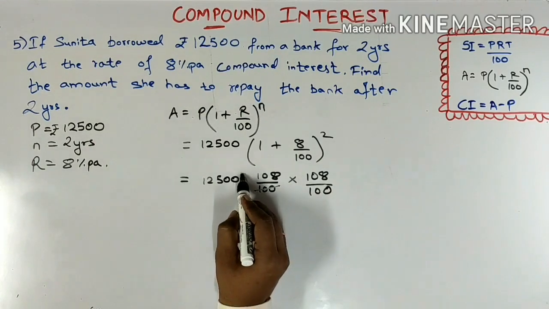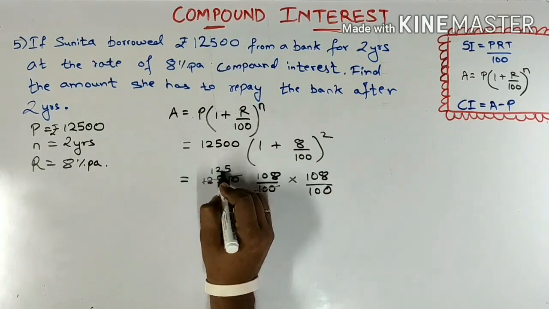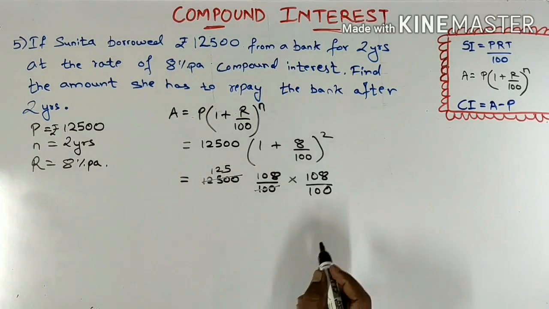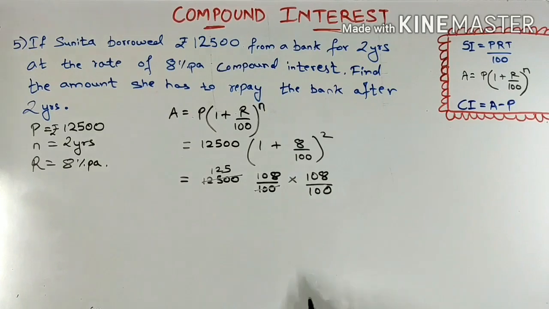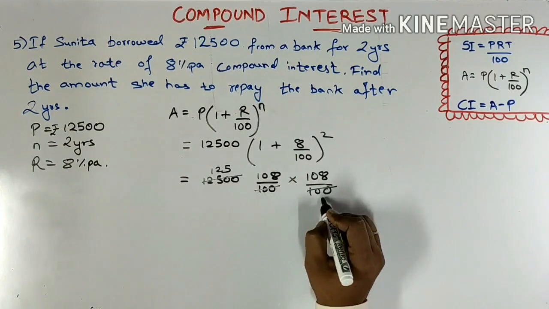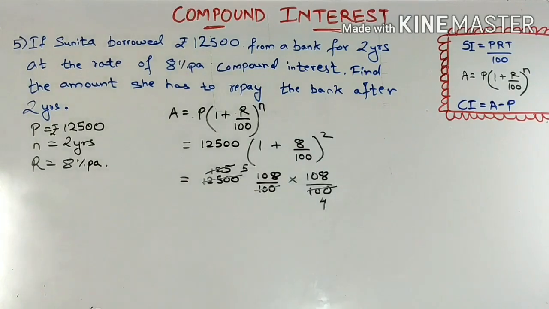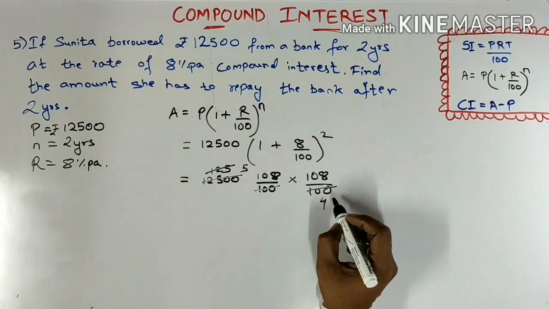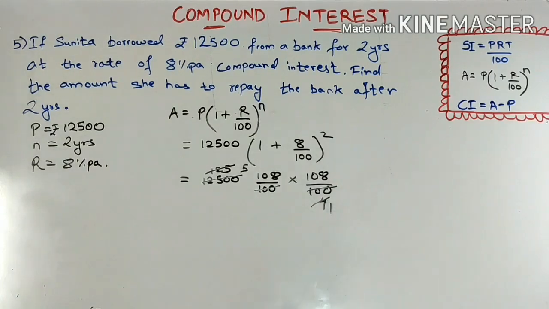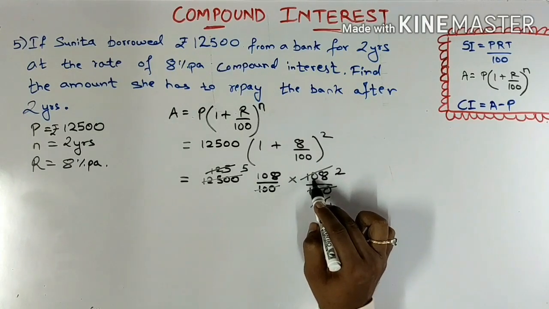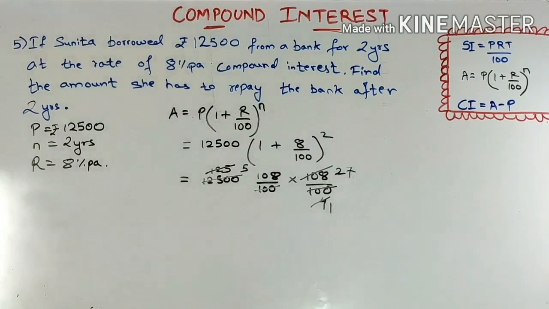This 100 and these two zeros go away, which makes the number 125. I can simplify this even further before making the multiplication. 25 fours are 100, 25 fives are 125. Again I can simplify it even further. 4 ones are 4, 2s are 8, remainder 2, 8, 4 sevens are 28.